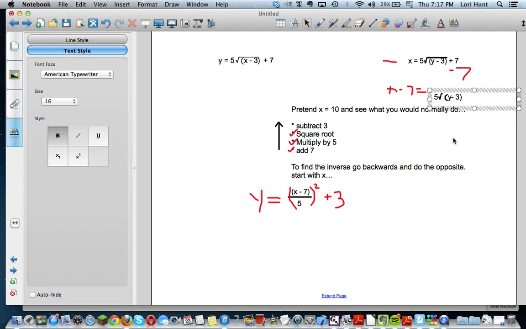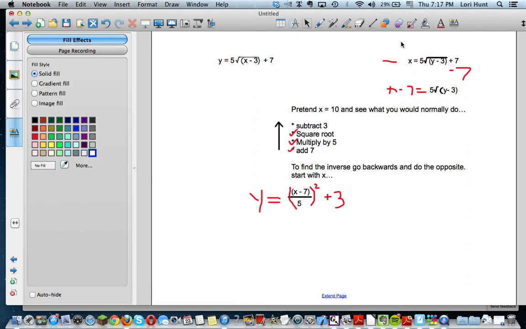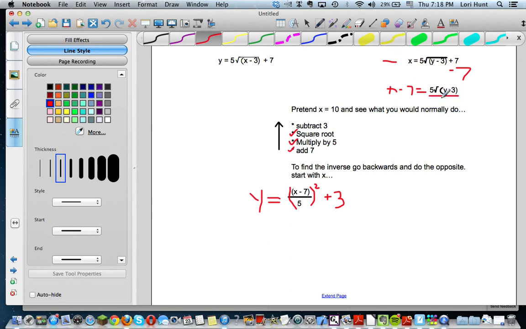Okay, and then you would go ahead and divide by 5 to get rid of that 5 that's there. And then you would square both sides to get rid of the square root. And then you would add 3.